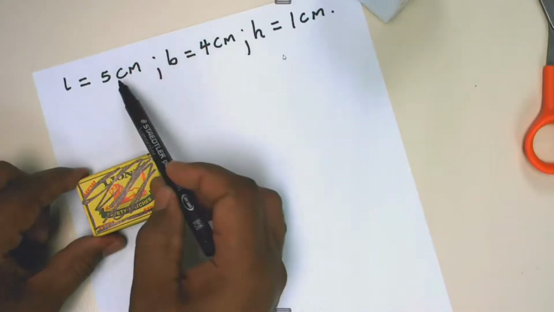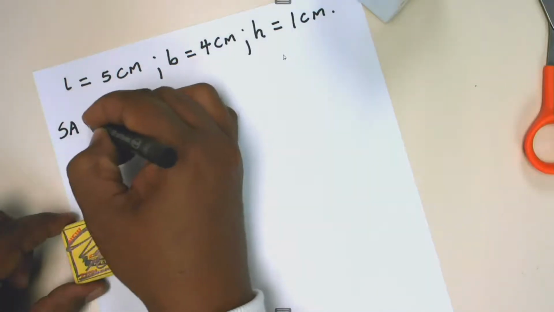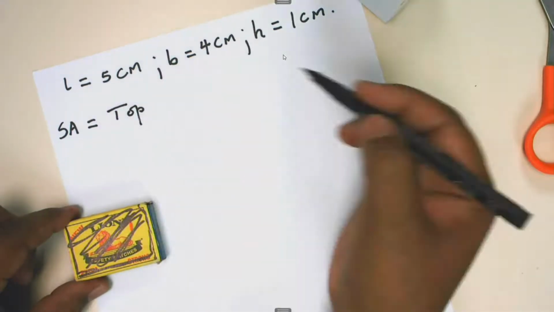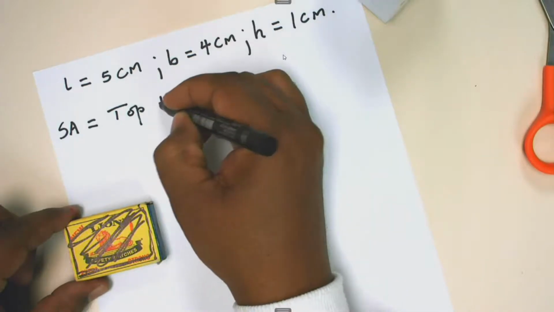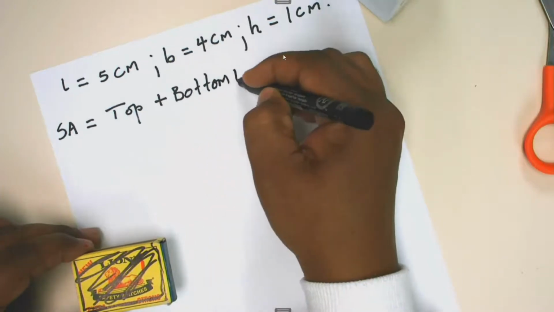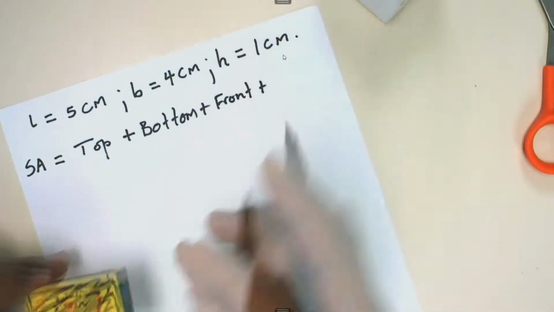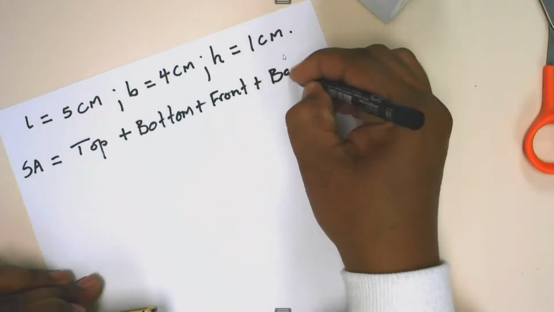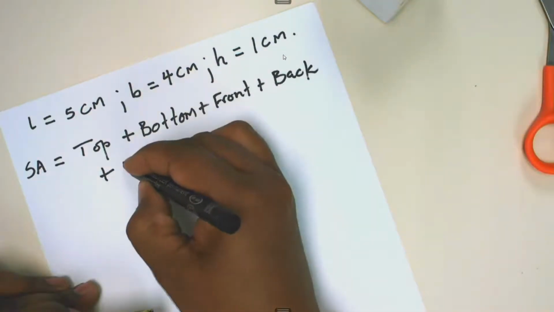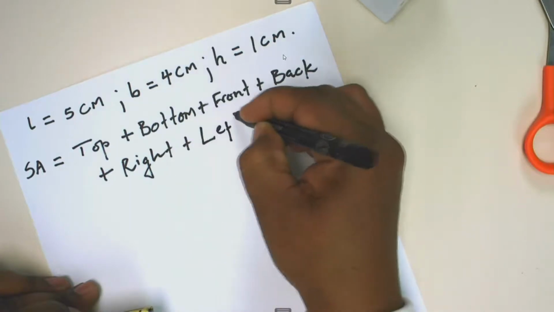The length measures 5 centimeters, and therefore I will say, okay, the surface area will be the area of the top face plus the area of the bottom face plus the area of the front plus the area of the back face or side plus the area of the right-hand side plus the area of the left-hand side.